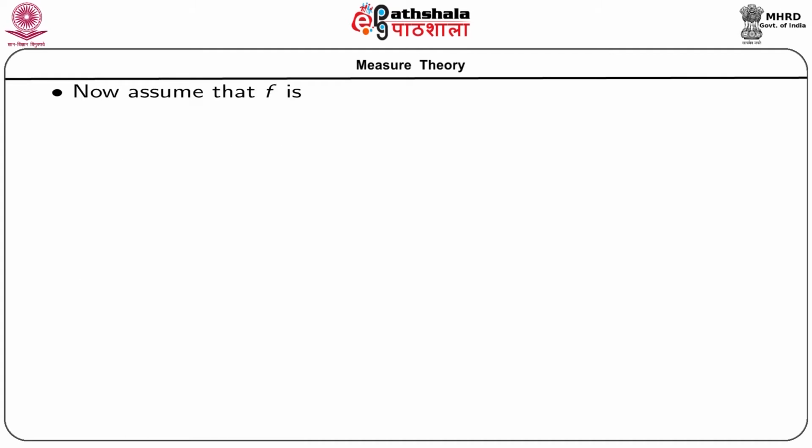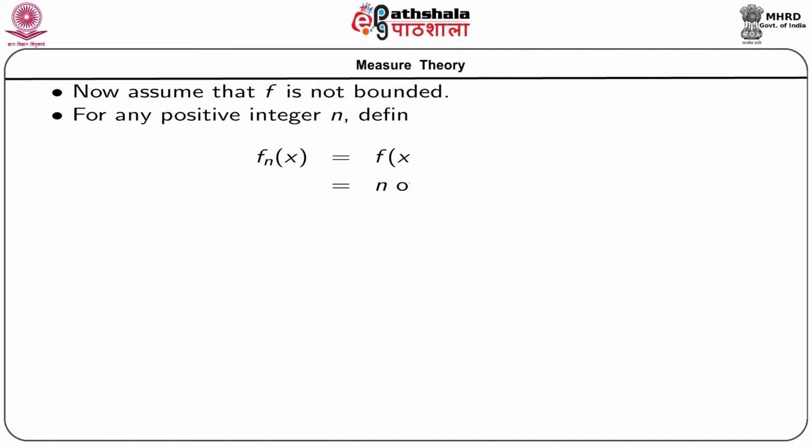Now, assume the arbitrary case that f is not necessarily bounded. For any positive integer n, as before, let us define the function f n x as f x when the value of f x is less or equal to n and equal to n otherwise.